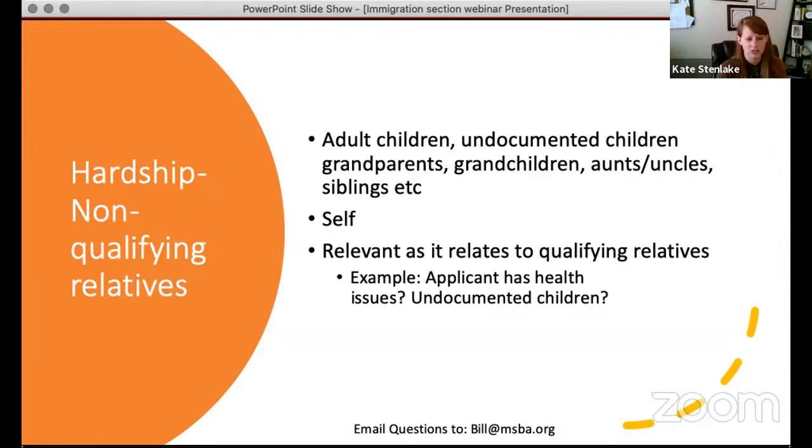For undocumented children and documented children, how would separation between the children impact them? That sort of thing. It's really a case-by-case basis, but you just have to remember that it doesn't automatically qualify unless you can show how it impacts the qualifying relative. We can go on to the next slide.